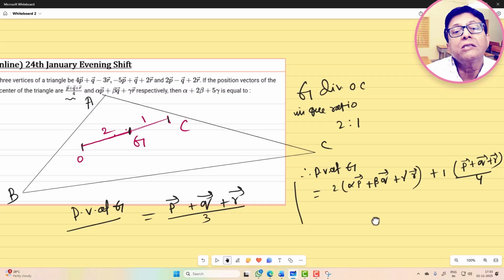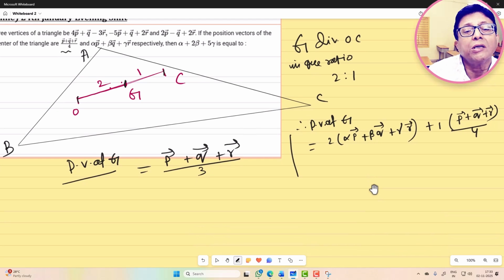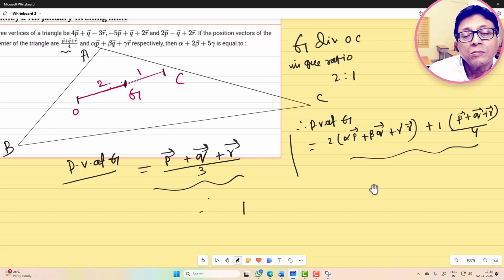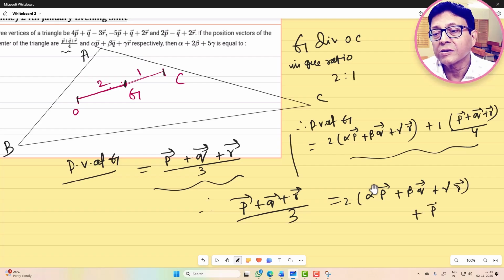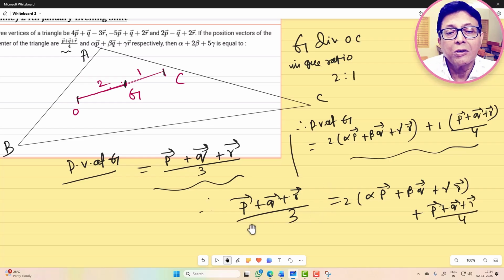So you can compare these two now. You got the position vector of G, centroid. So you can compare these two only. Let us compare the position vector of G here and the position vector of G here. Therefore, P plus Q plus R divided by 3 will be 2 into alpha P, beta Q, gamma R, plus R by 4. Clear?